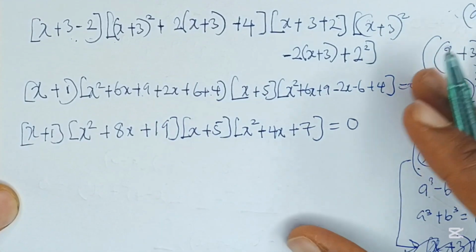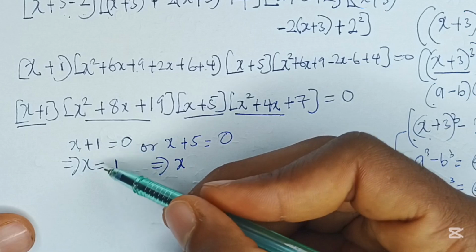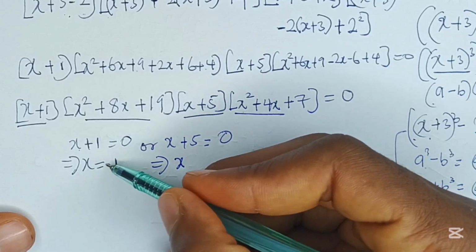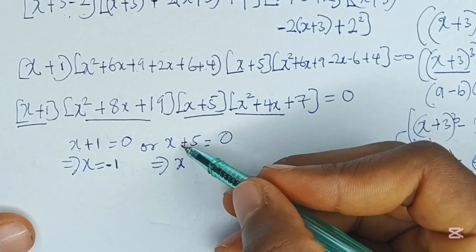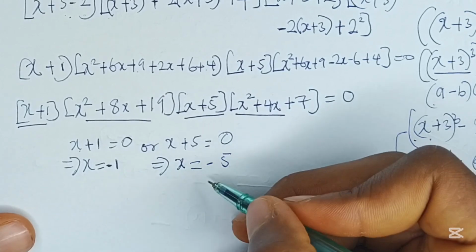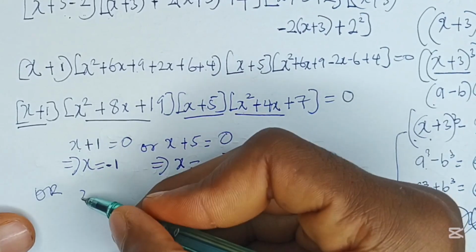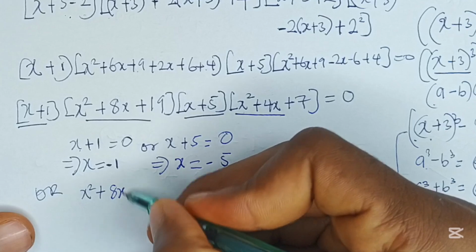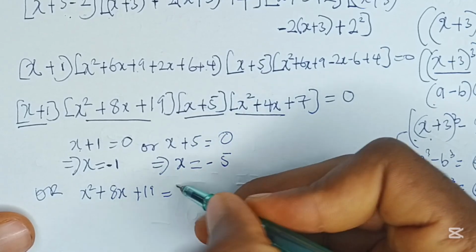From here, we now have either x + 1 = 0, implying that x = -1, or x + 5 = 0, implying that x = -5, or x^2 + 8x + 19 = 0.